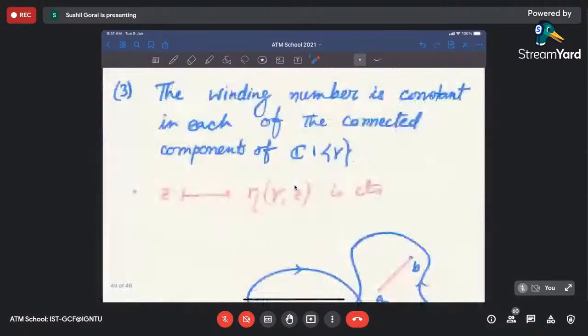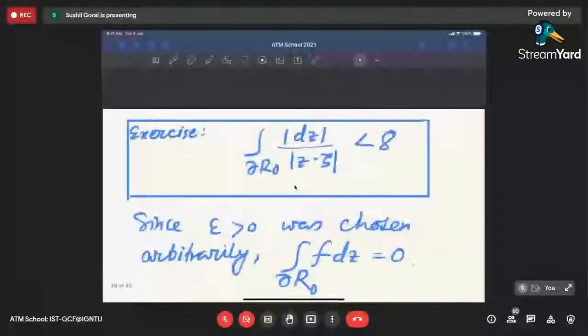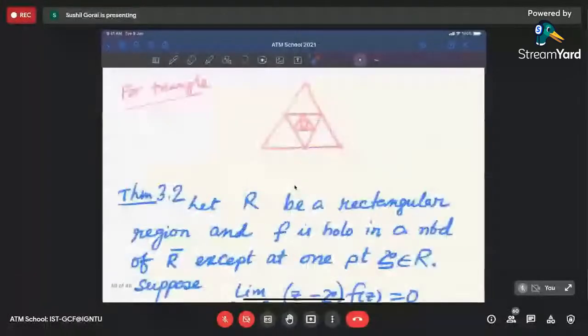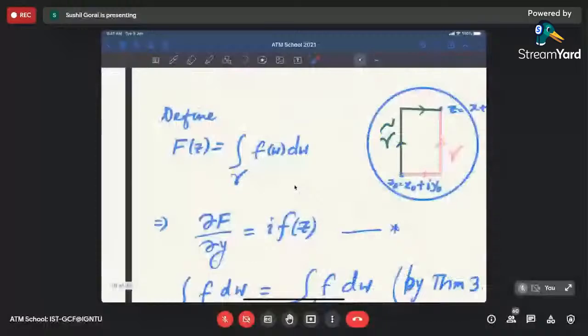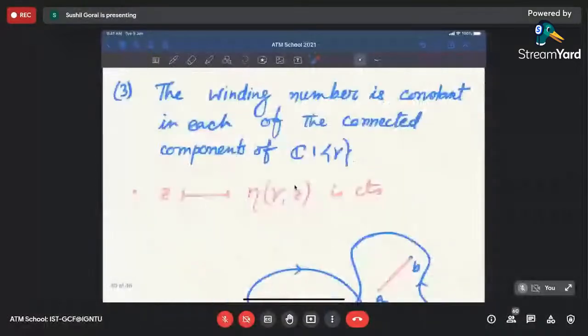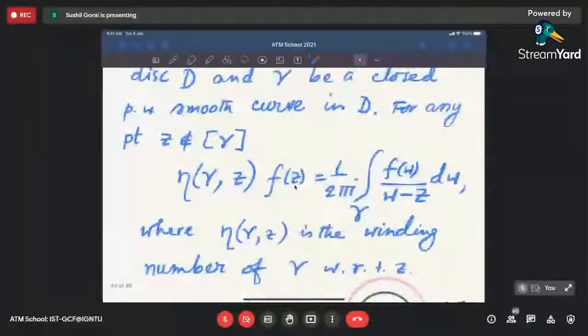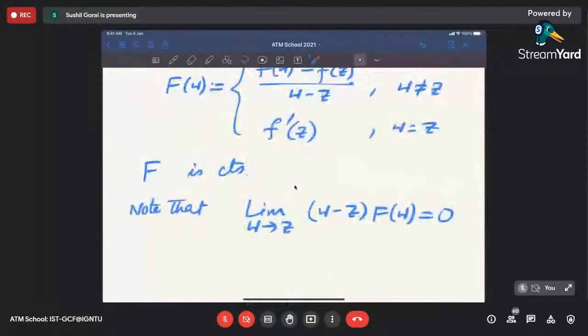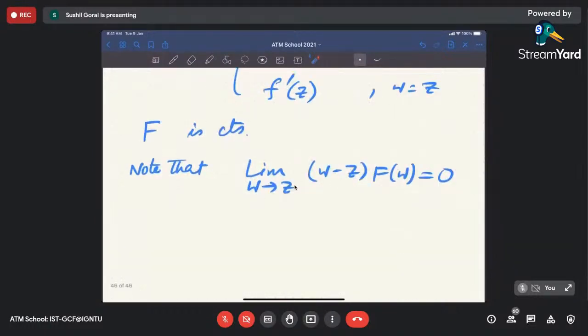So where did I prove it? Yeah, here. Then you have this 0. There I have taken just a rectangle, but one can actually do that for any closed curve inside the disk. So you can look at that as an exercise.